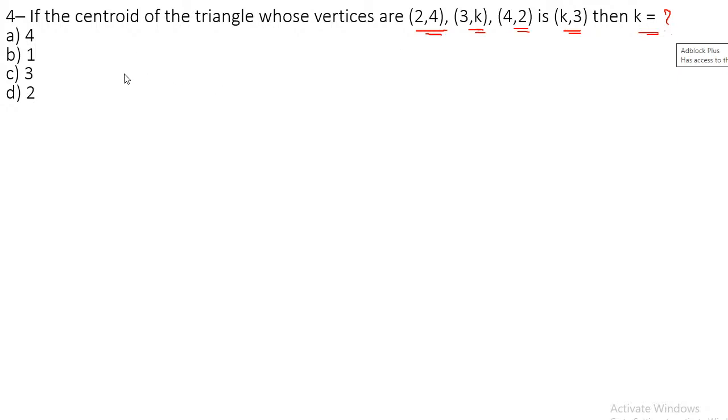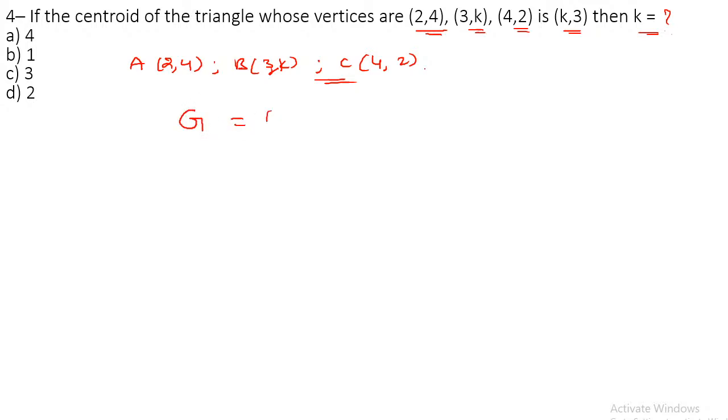So we are given 3 vertices, A (2, 4), B (3, k), C (4, 2), and the centroid G is (k, 3), and we need to find the value of k.